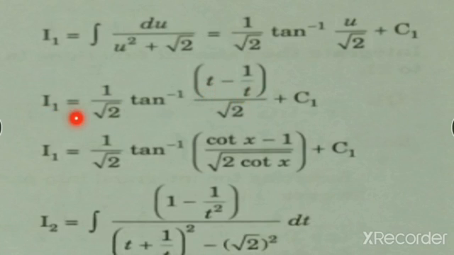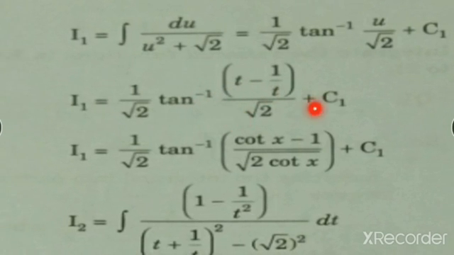Then I1 is equal to 1 upon root 2 tan inverse t minus 1 upon t upon root 2 plus C1. Substitute value of t. I1 is equal to 1 upon root 2 tan inverse cot x minus 1 upon root 2 cot x. In first we have written that root cot x is equal to t, that is cot x is equal to t square, plus arbitrary constant c1.